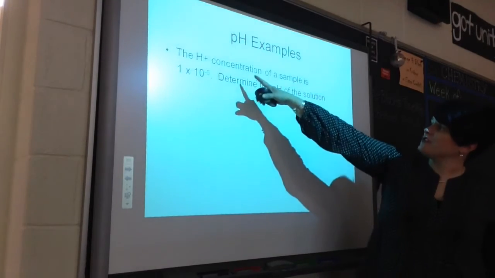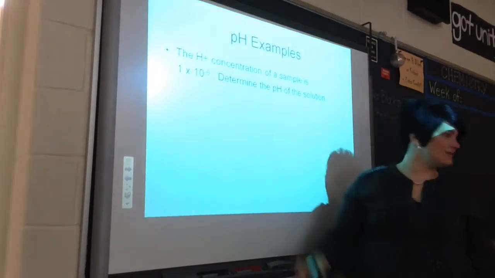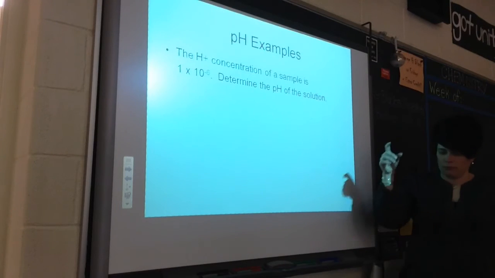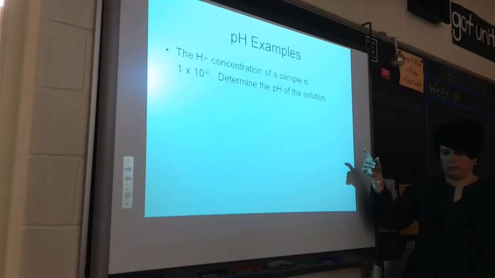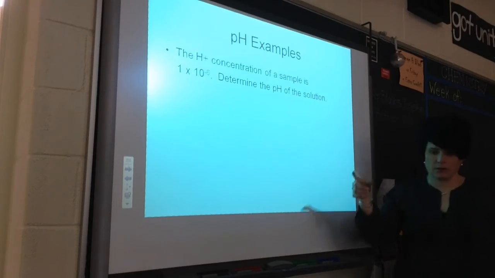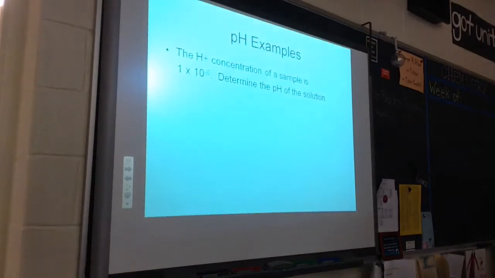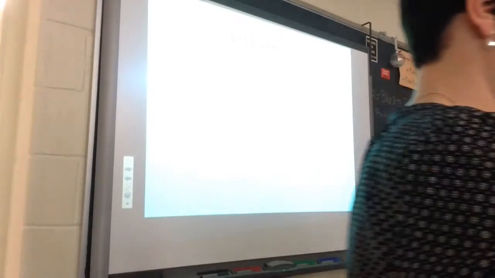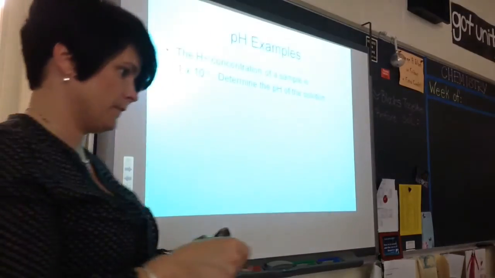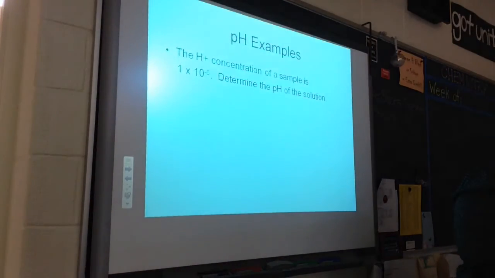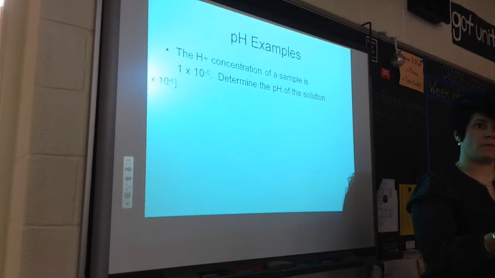Okay? So the hydrogen ion concentration of a sample is 1 times 10 to the negative 6. Maybe start running. That was my clicker. Oh no. Excuse me. Two batteries. I wonder if it's still going to work. What kind of batteries does that take? Triple As. Let me see. I think I have those. Still works.